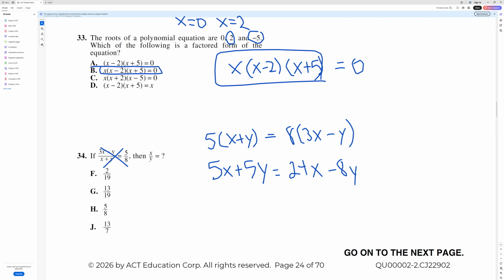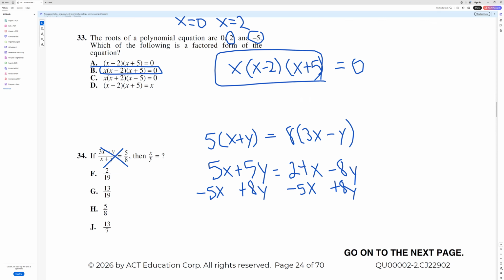Over here, we're going to add the 8y here and the 8y there. That's going to leave me with, let me do it at once, let me subtract 5x from both sides, and I get that 13y is equal to 24 minus 5x, negative 5x.